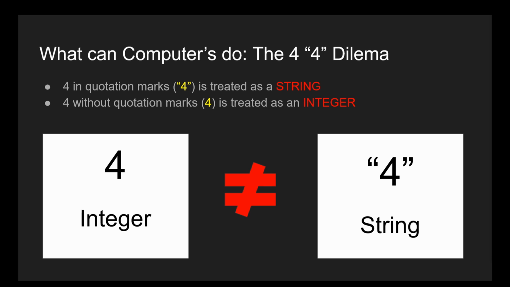This may not seem like a big deal, but again, computers are dumb, and if you try to do math with a number in quotation marks, it will return an error, because the computer doesn't understand that you are trying to perform the operation on a number, and it thinks you're trying to add an integer to a string, which is a big no-no in programming. So when you are programming, make sure to make a mental note of whether or not you want to make something an integer or a string, because that type of stuff makes a big difference.